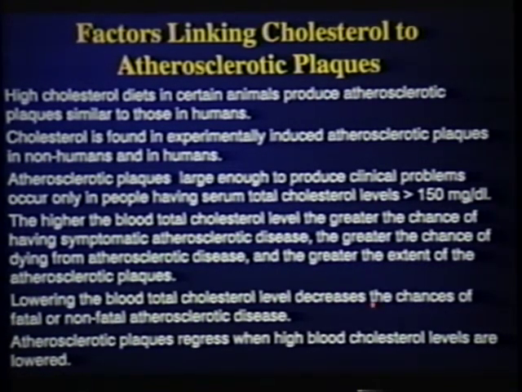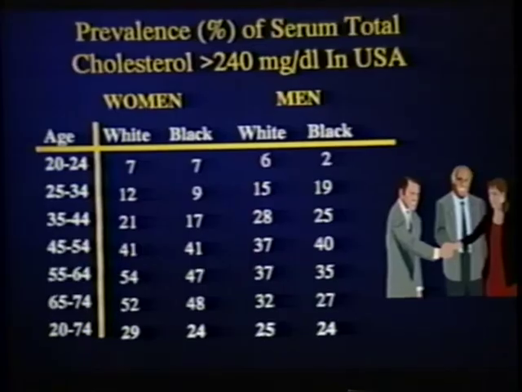Lowering the blood total cholesterol level decreases the chances of fatal or non-fatal atherosclerotic disease. And number 6, 5 studies on number 6 were published in 1990 and several since then. This is relatively new. Atherosclerotic plaques regress when high blood cholesterol levels are lowered. So in my view, the connection between cholesterol and plaques is a very firm one. It would hold up in any court in any land.